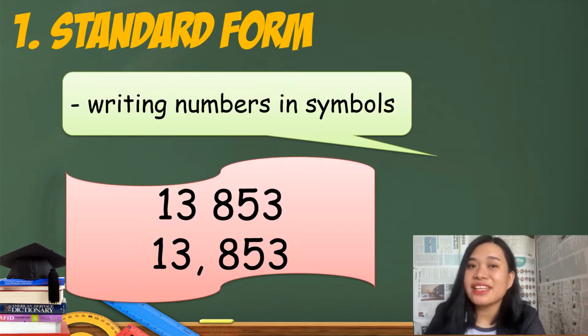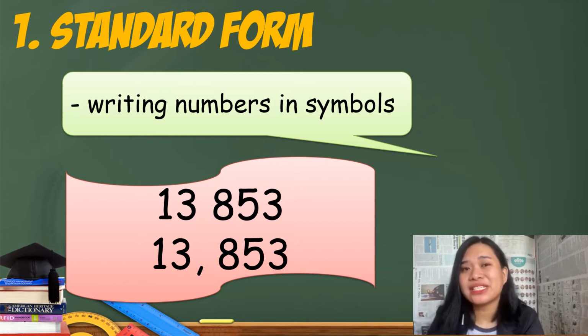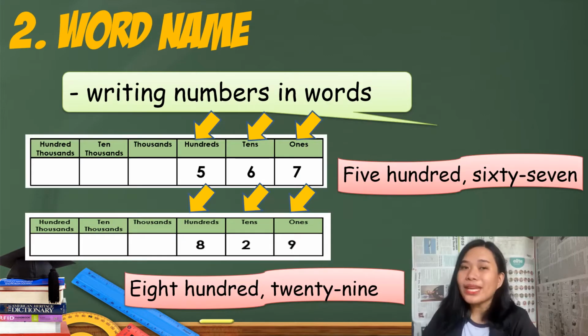We can read and write numbers in three ways. First, in standard form. When we say standard form, we simply express numbers into symbols, or simply writing 13,853 or 13,000, 853.